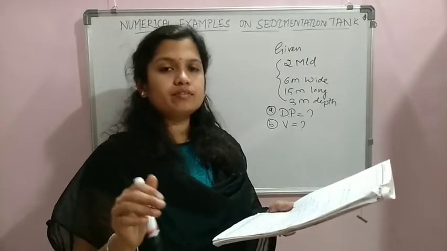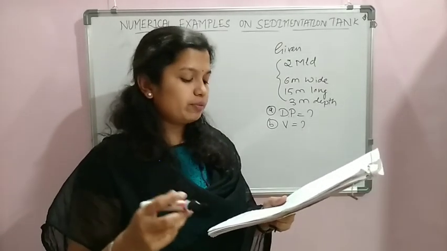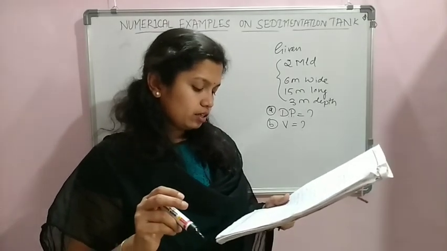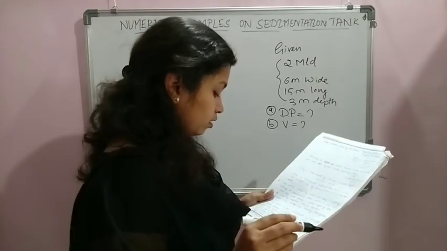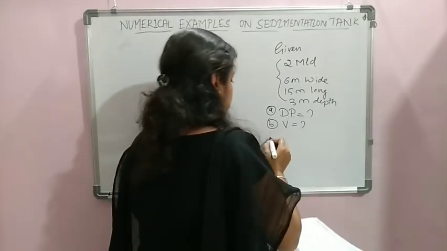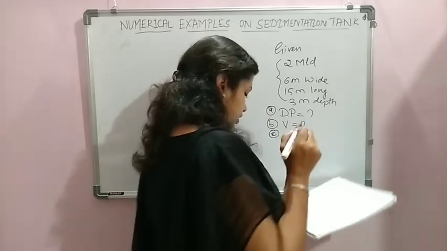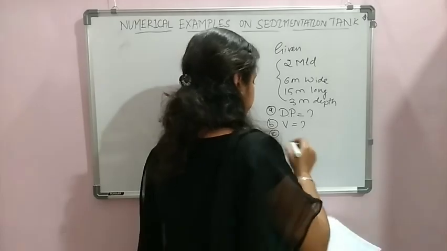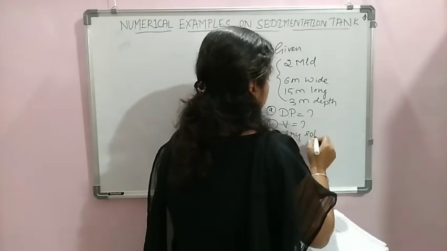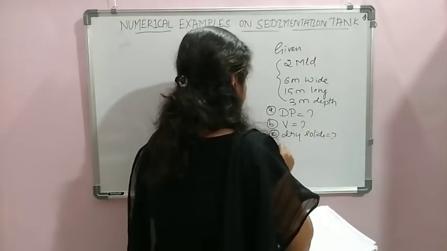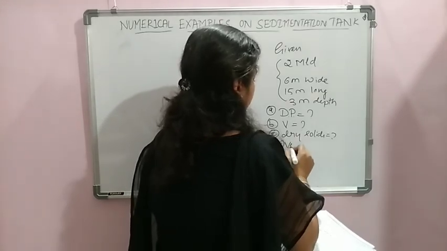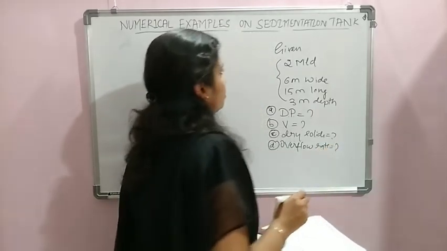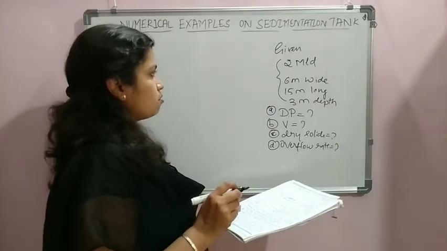These data we will separate when we solve this third point. The last thing they are asking us is to compute the overall overflow rate. So the third thing is related to the amount of dry solids we need to find out, and the fourth one is the overflow rate. These are the things we need to find out by making use of the data that has been given to us.